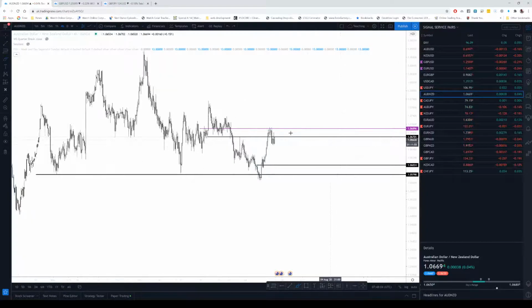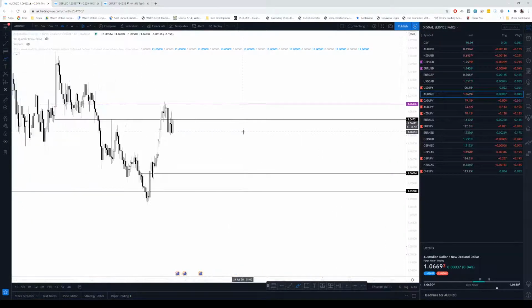For you to consider taking a trade right now, I say wait for once this low is broken, then you can start looking for sales.